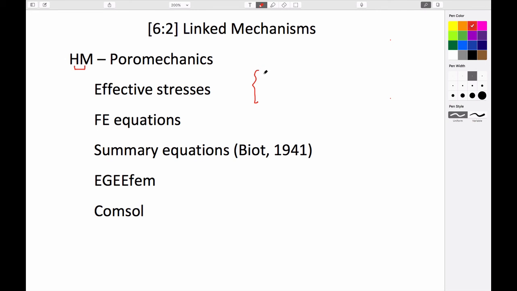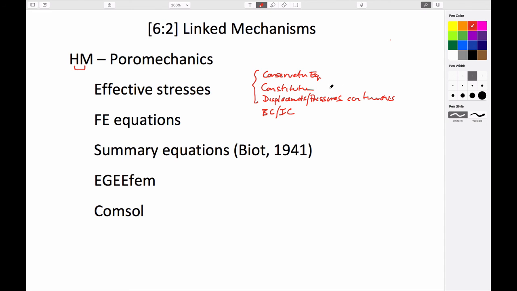Those requirements are: we have a continuity equation, a conservation equation, we have a constitutive equation, we say that displacements or pressures are continuous, and we have boundary conditions and initial conditions.